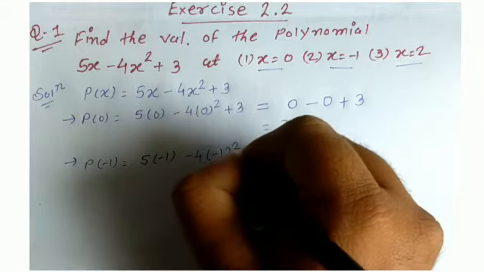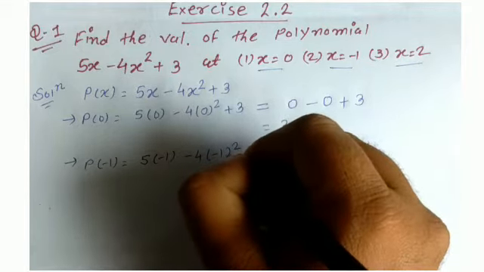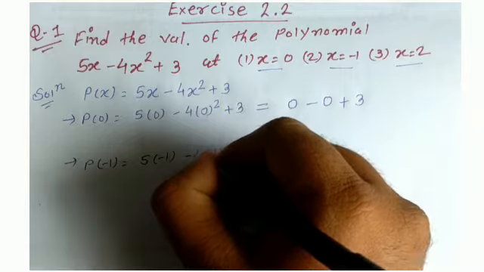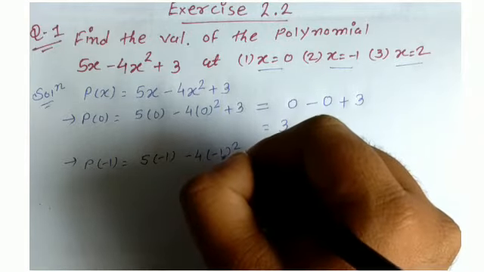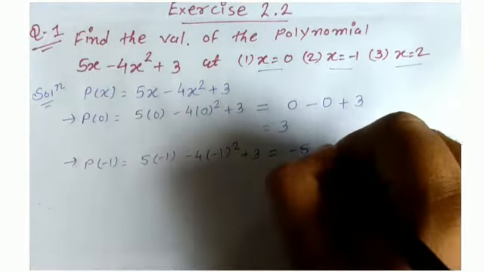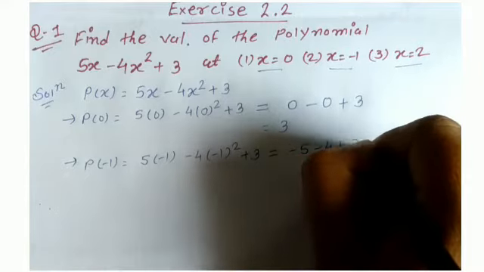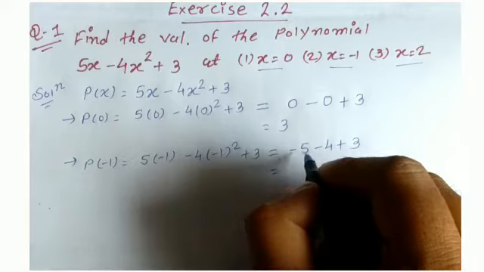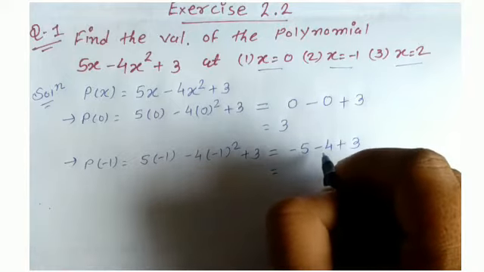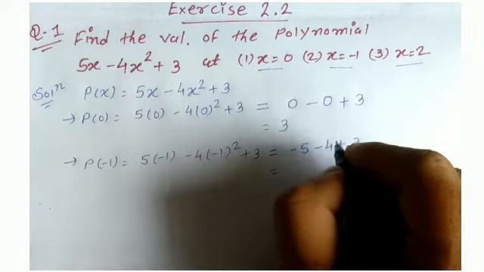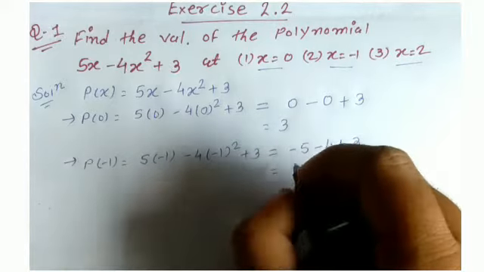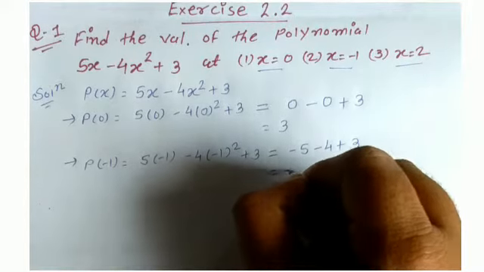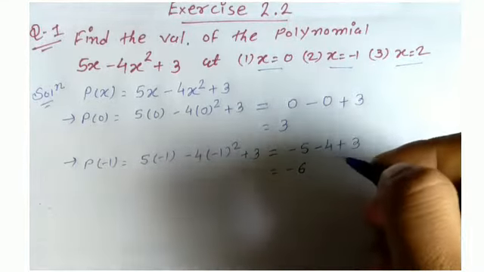Minus 1 square means minus 1 into minus 1 is equal to plus 1. So minus 4 into plus 1 is equal to minus 4 plus 3. So here the solution is minus 4 minus 5 is equal to minus 9 plus 3. That's why we can write down minus 6.